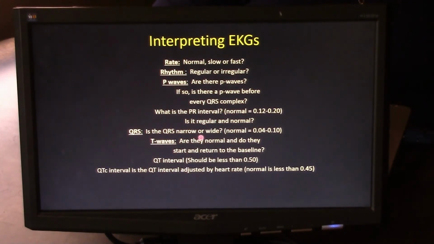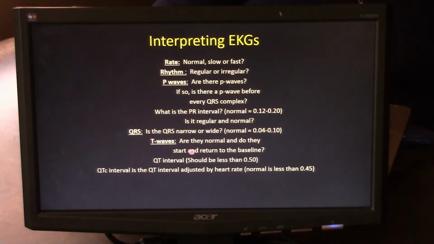Is the QRS narrow or wide? And what do we mean by that? A QRS width of less than 3 little boxes is considered narrow. Anything greater than that is considered wide. T waves, are they normal, and do they start and end at the baseline?